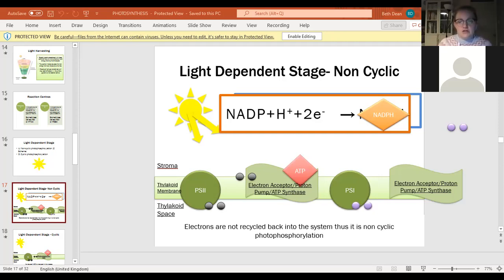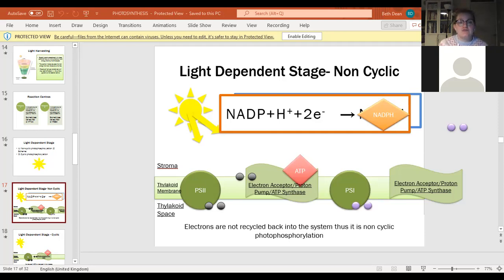Non-cyclic photophosphorylation, photolysis. So the products of the light-dependent reaction that pass into the second stage, the light-independent reaction, are reduced NADP and ATP. Products of the light-dependent reaction that leave the plant and we don't use again during photosynthesis are oxygen.